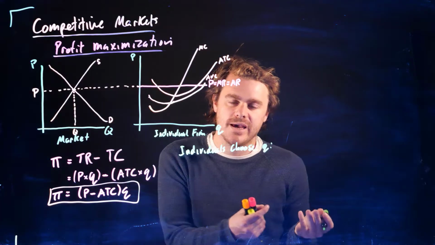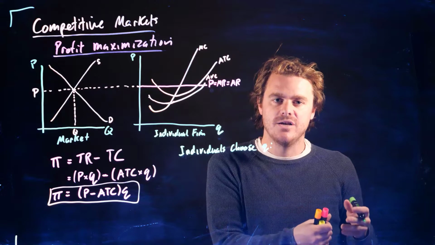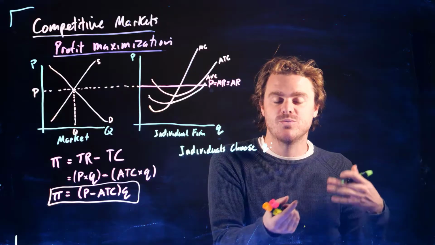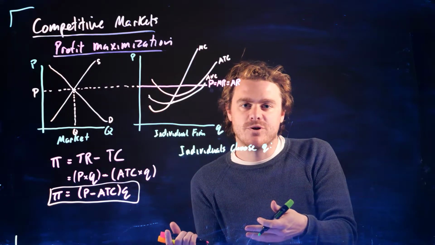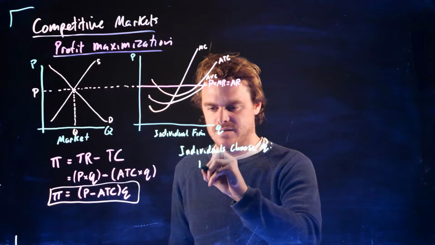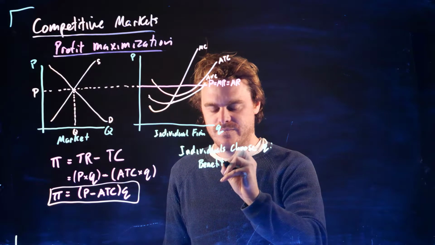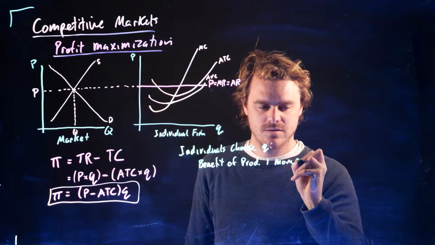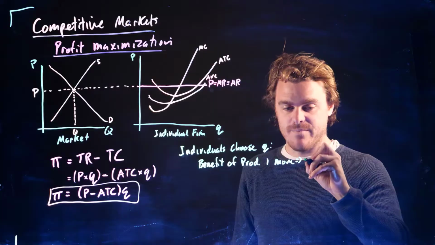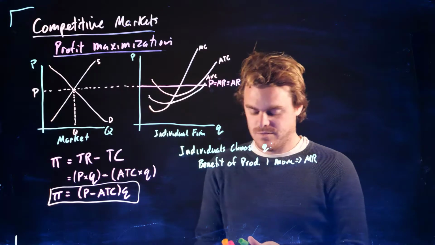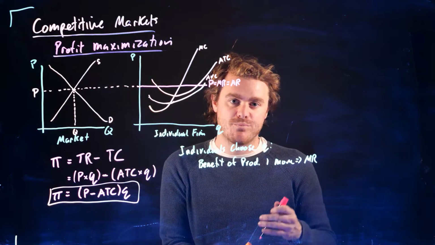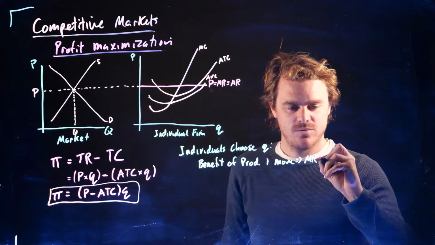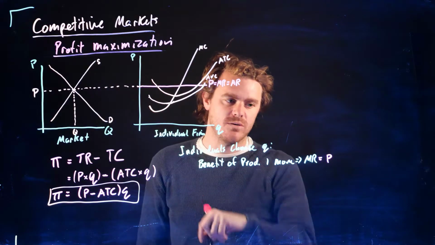And so they're economists, so they're thinking, do I want to produce one more good? What's the benefit of producing that good? What's the cost? The benefit of producing and selling one more good is the marginal revenue, which is equal to the price, because the price equals marginal revenue here.